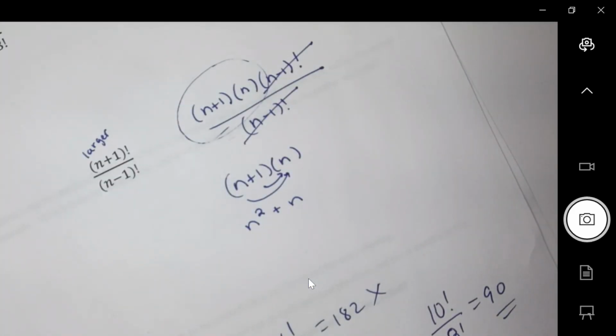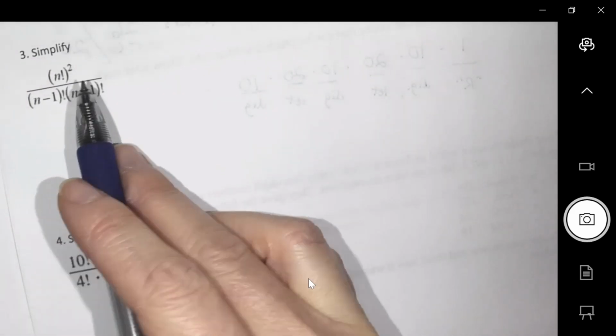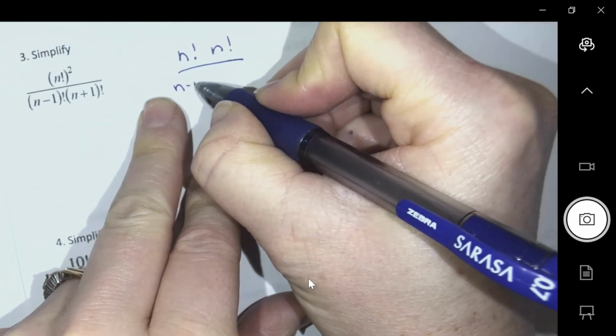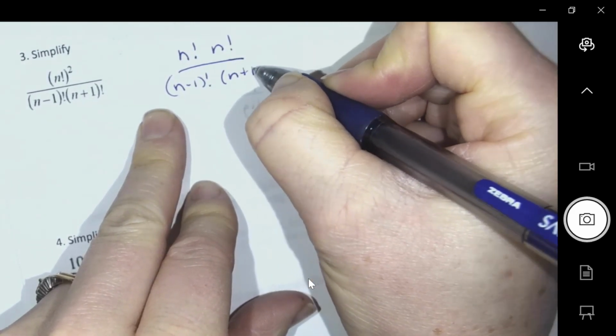Okay, flip to page 4. Okay, we're going to simplify number 3. Okay, n factorial squared. I'm just going to rewrite it n factorial, n factorial. That's the same thing as writing something squared.